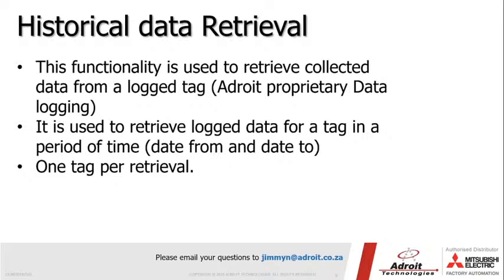This functionality is working in a one tag at a time format. In other words, you add one tag on the historical data sheet, you view the history of that tag, and then when you are done, you can save the workbook, and then you go and select another tag, then you add it to the historical data sheet, and then you retrieve the history of that particular tag in that way.